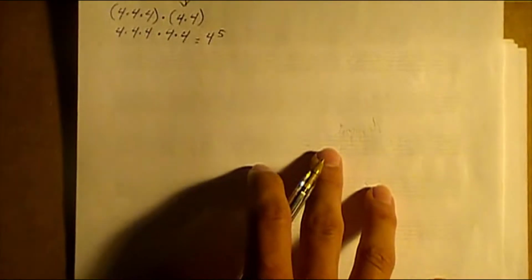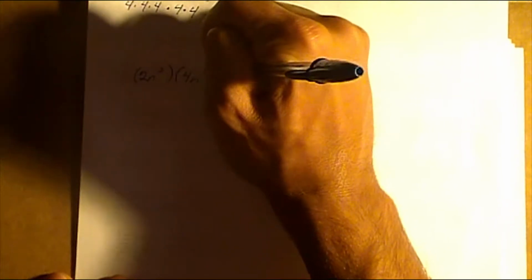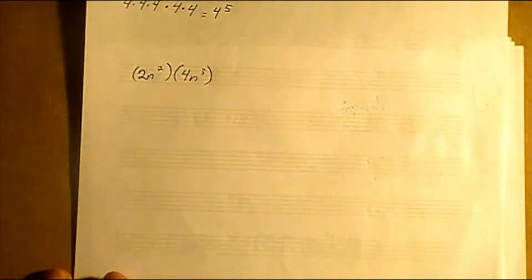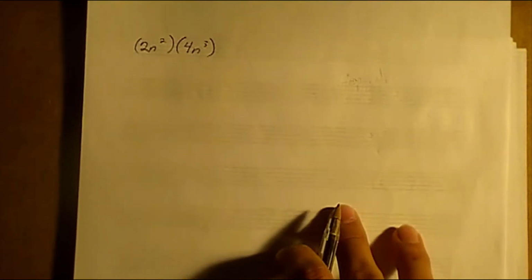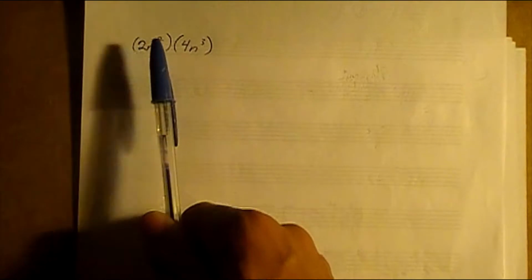Now we'll apply these same concepts to a harder expression. 2n squared times 4n cubed. Okay. So you see this, and as we covered earlier with the 6n cubed, this is simply 2 times n squared, and this is 4 times n cubed.